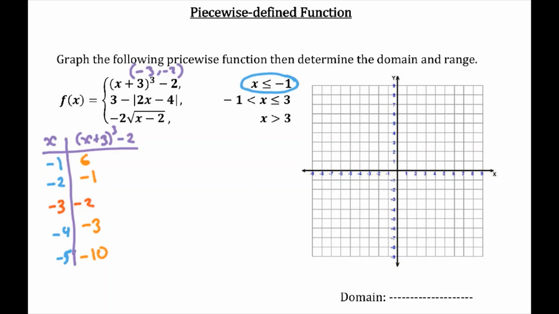Sketch the function for this part. So we're taking -3 and -2, -2 and -1, -1 and 6, -4 and -3, and -5 and 10.